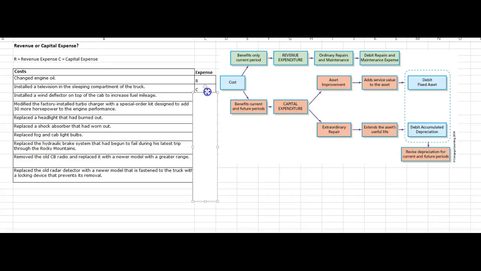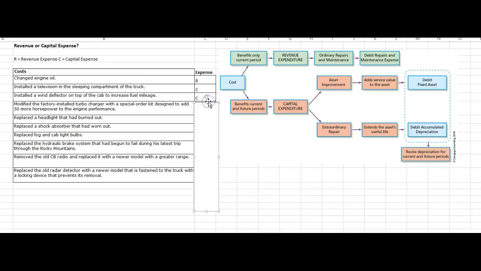If I install a wind deflector on top of the cab to increase fuel mileage, they're going to call that a capital expenditure because it affects the vehicle for the length of the period, and it increases its value. So that becomes a part of the vehicle. So it's a capital expenditure.